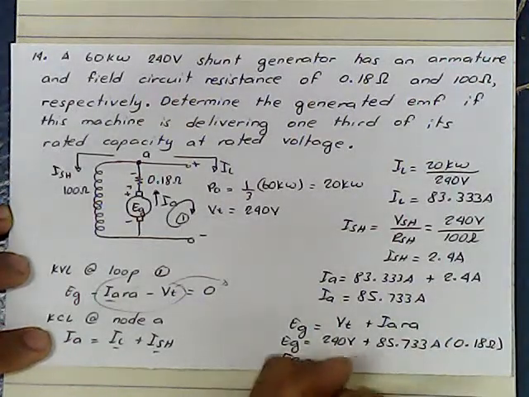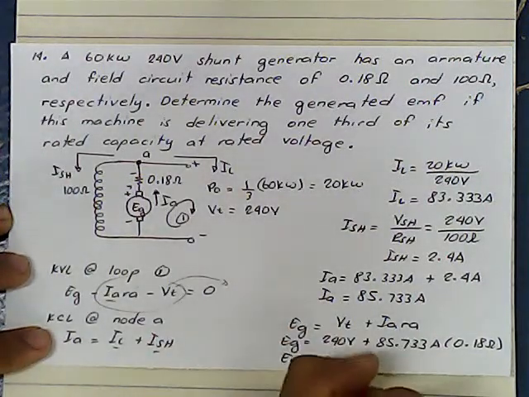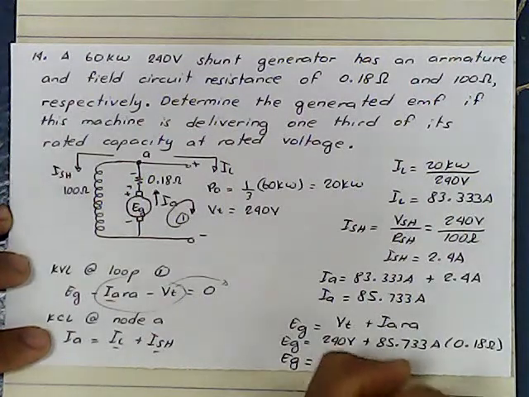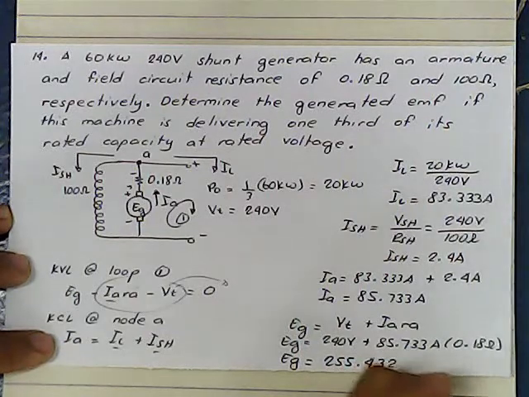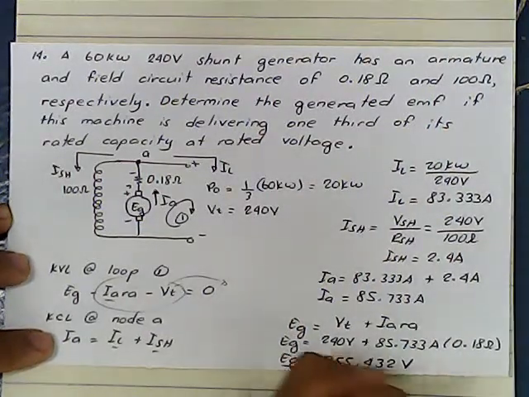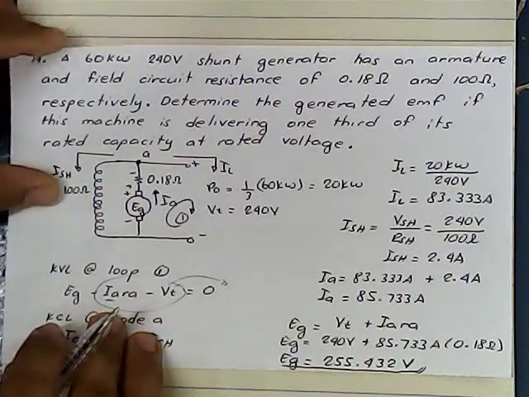Therefore, the generated EMF is 240 plus 85.733 times 0.18 ohms. This will give us 255.432 volts. Yan po. 2 problems na lang po.